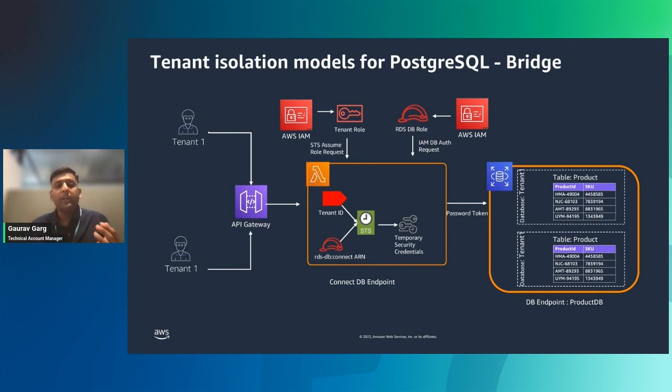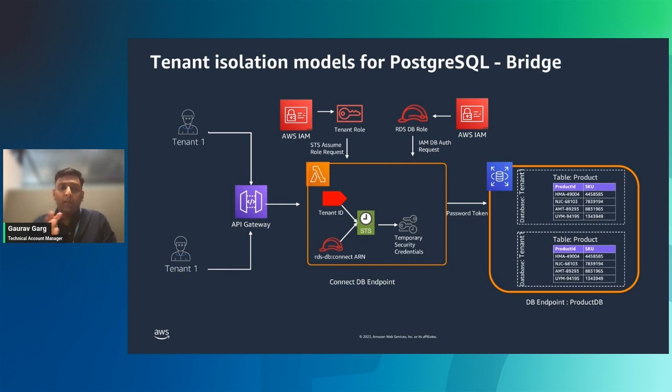So in our bridge approach, the API and Lambda function are shared, but the PostgreSQL instance is provisioned at the tenant level. And to maintain tenant data isolation, you use the logical constructs within the database schema, and logically separate the data.